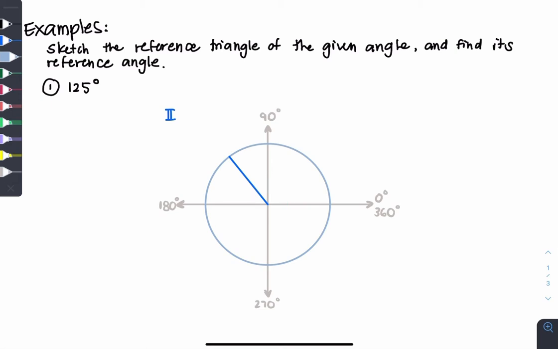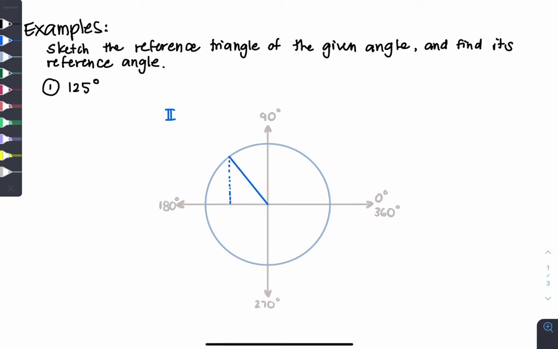In order to draw the reference triangle, all we have to do is take that terminal end and drop it down to our x-axis. So this right here is our reference triangle.